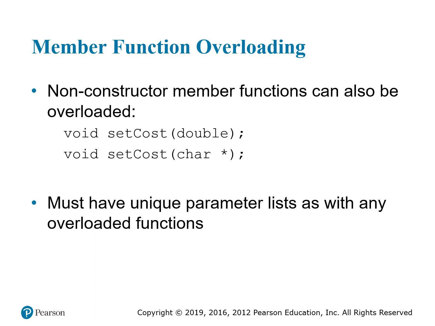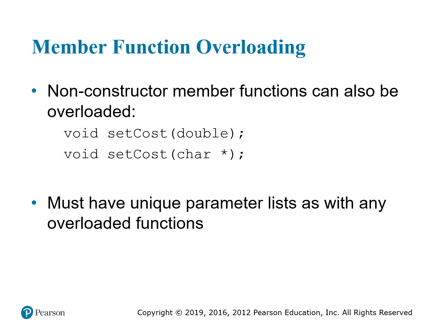While we're on the topic of overloading, member functions can also be overloaded, so you can have set cost with a double and set cost with a char star so that you can pass either a numerical value or a text string that somebody typed in and you want to process it to come up with the cost.